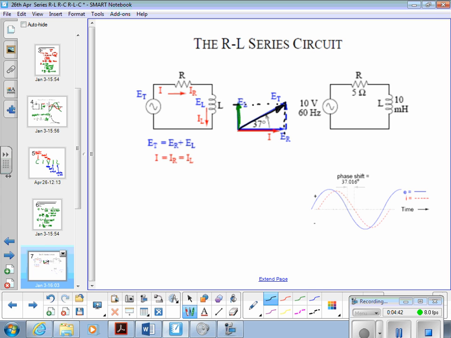So we've got a triangle there where this is the total voltage, this is EL, that's ER, and that's the angle.